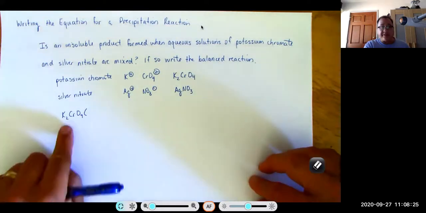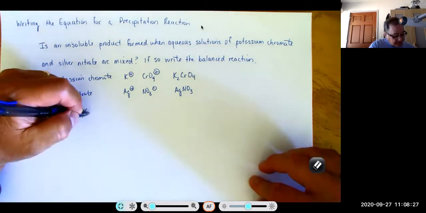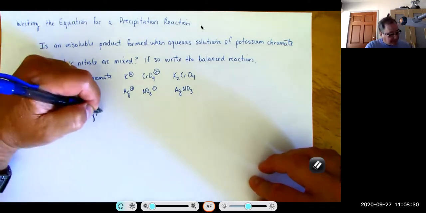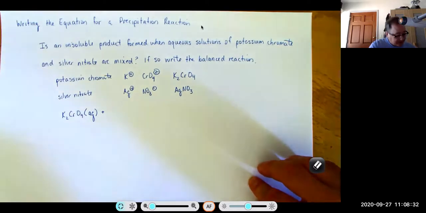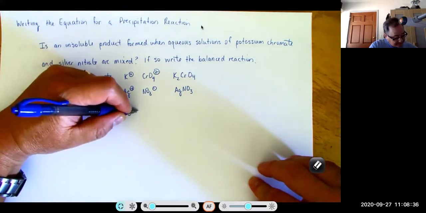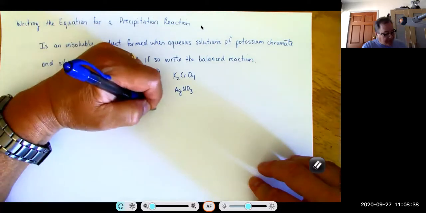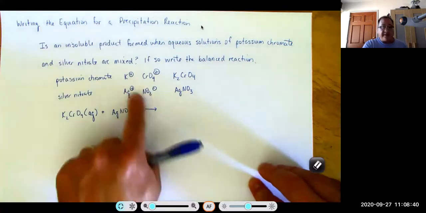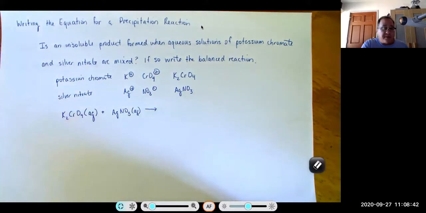So this has potassium in it. It is definitely soluble, so we put aqueous here. What about silver nitrate? It is also soluble because of the nitrate ion. Now, what's really handy about having these ions here is I can figure out what the product is going to be right away by comparing the ions. If there's going to be a solid that forms, it has to be an ionic compound, and it has to be a cation and an anion.